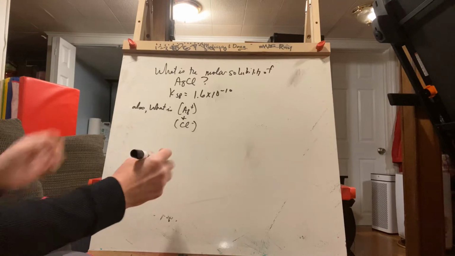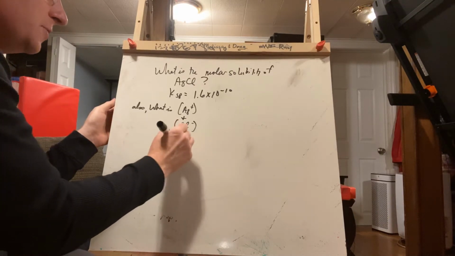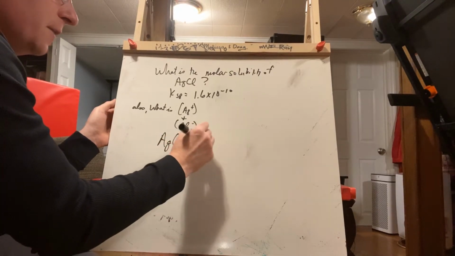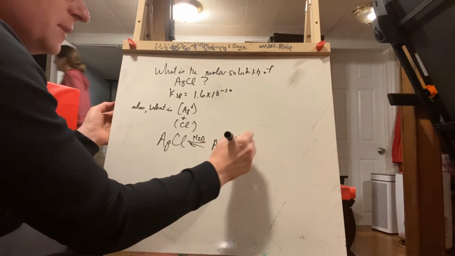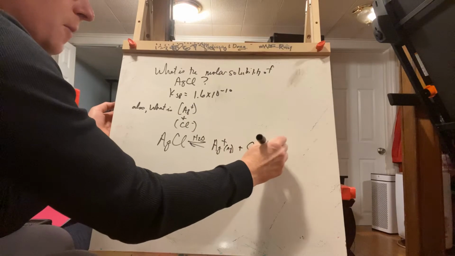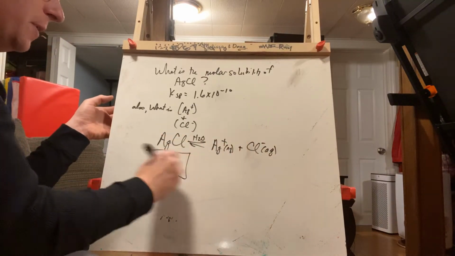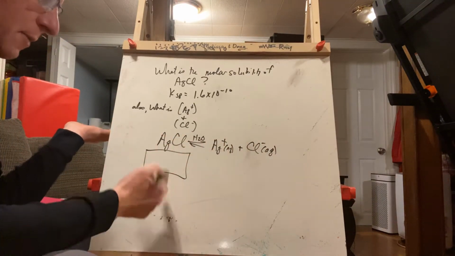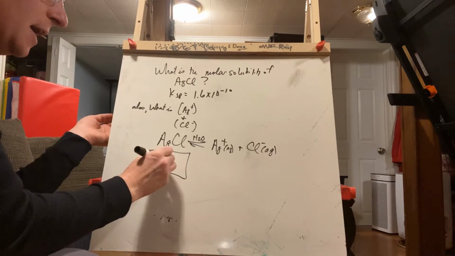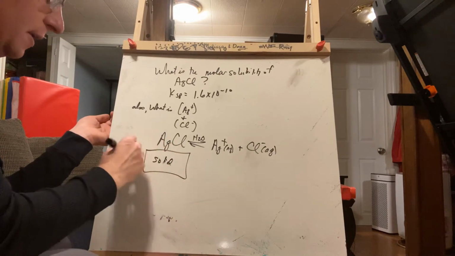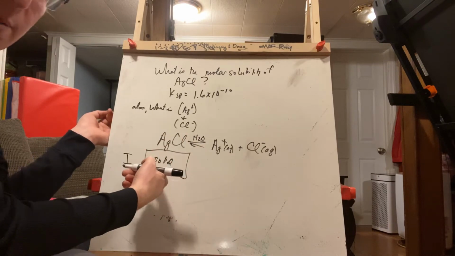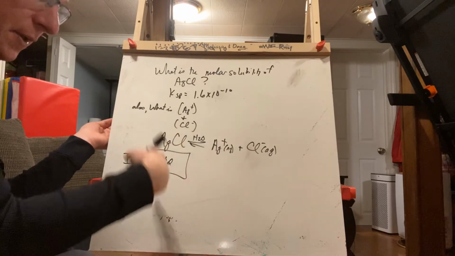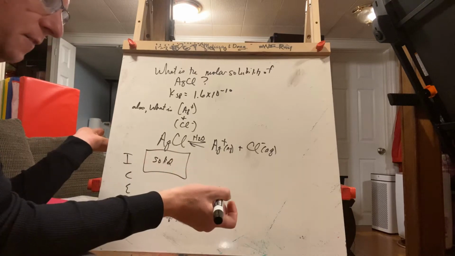What's going to happen is we take AgCl, and you pretty much always just do this, and you make this Ag plus aqueous plus Cl minus aqueous. I usually put just this big box because it represents that there's some solid there, but it is an ice table, and you don't really care about the amount of solid unless they specifically ask you how much dissolved.